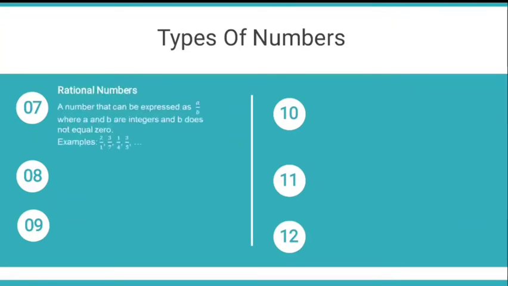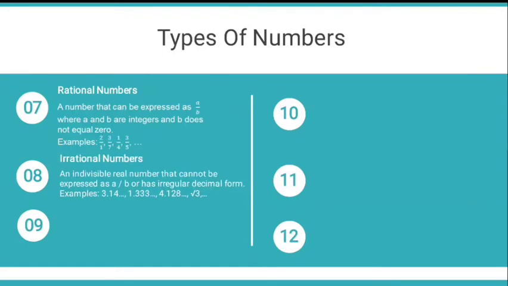Rational numbers are numbers that can be expressed as a divided by b, where a and b are integers and b does not equal 0. Examples: 2 divided by 1, 3 divided by 7, 1 divided by 4, 3 divided by 5, and so on.